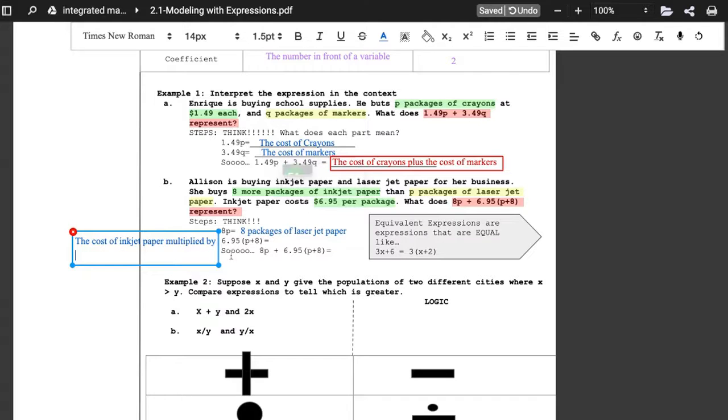So it's the cost of inkjet paper multiplied by 8 more than the amount of ink.